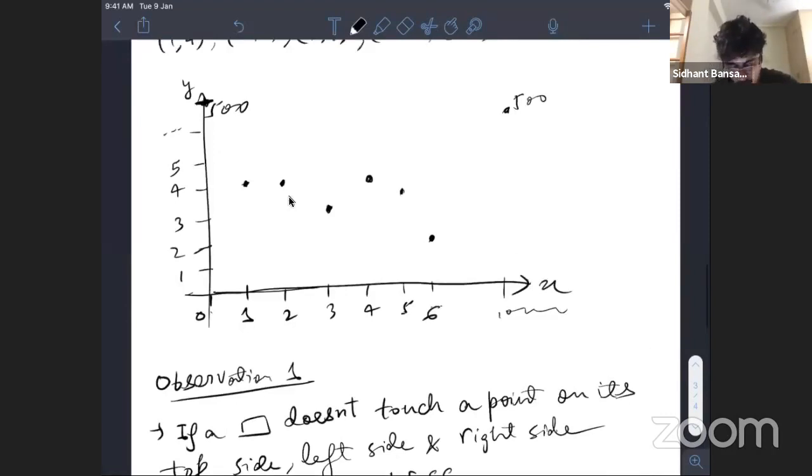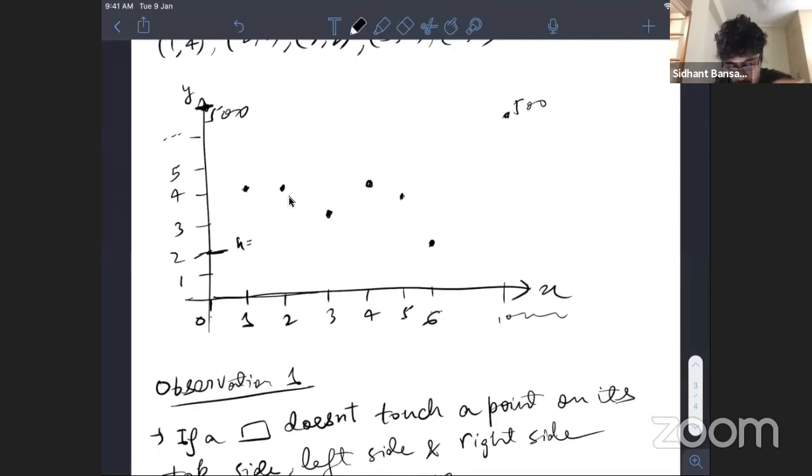What all useful rectangles can you think of whose topmost point ends at height 2? Anyone? Okay, I don't get any message in the chat, so let me explain this. 0, 2 to 10,000, 2. Yeah, I think it's correct.